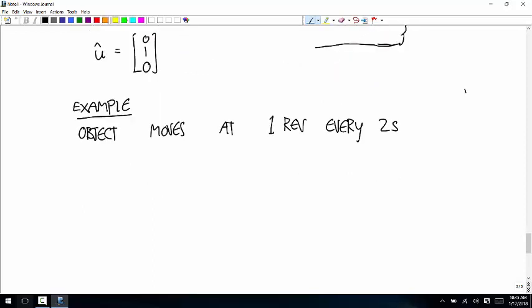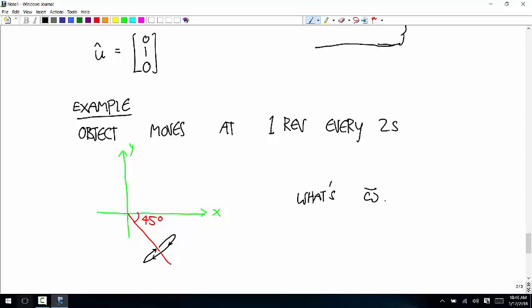And the direction of the rotation, if the coordinate system is this, say there's a line at 45 degrees, and the object moves in circular motion around this line. What's the angular velocity vector?